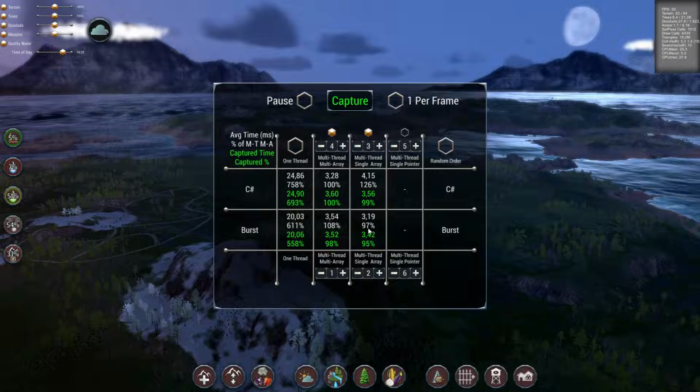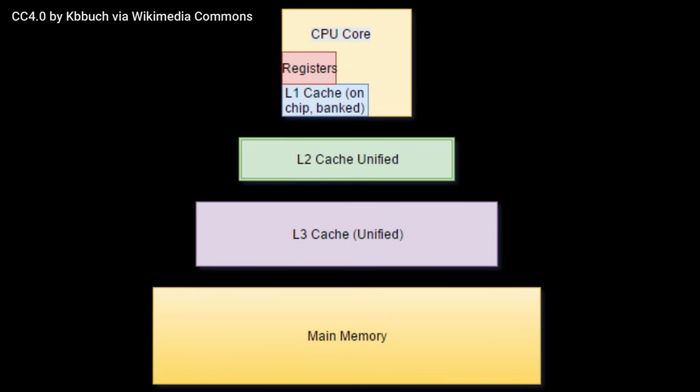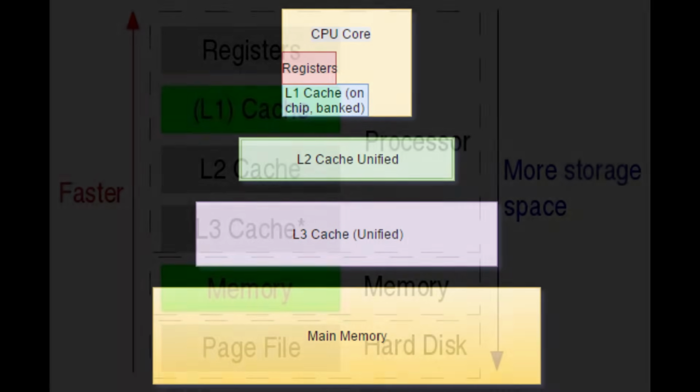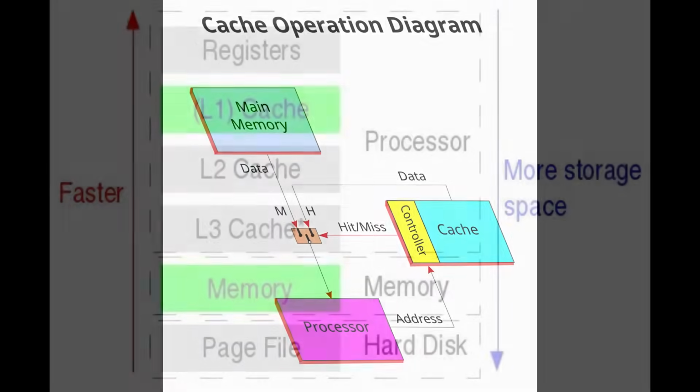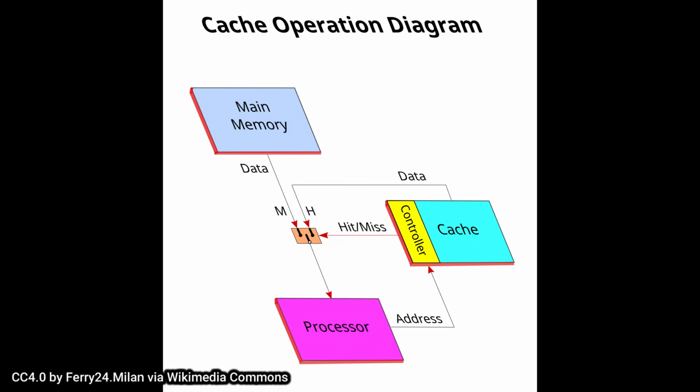What's happening here? I'm not going to go into much technical detail, but in summary, there are various memory caches between the RAM and the CPU, each one becoming faster but also smaller. The CPU tries to optimize which memory to store in these caches, giving priority to data that is used most frequently as well as most recently, to try and minimize the time it takes to fetch the data from memory.